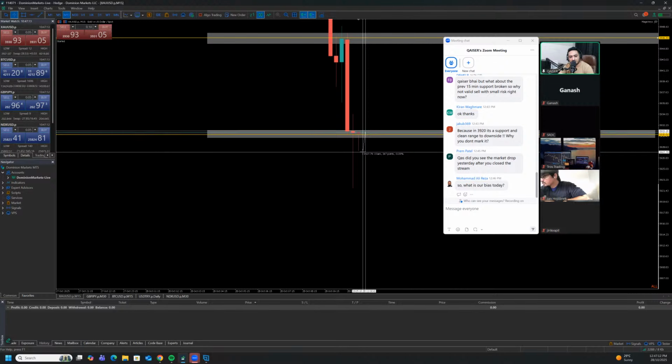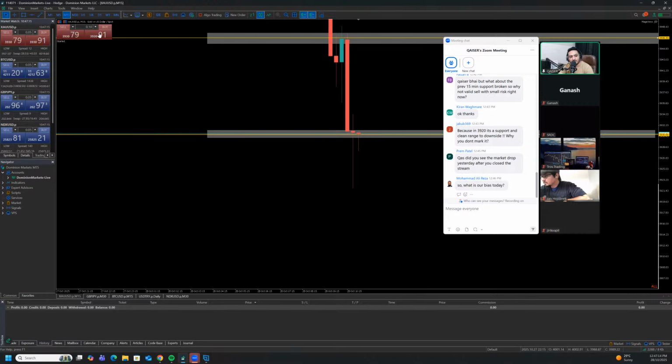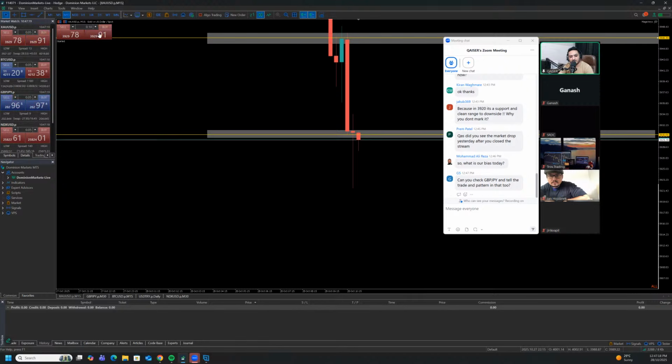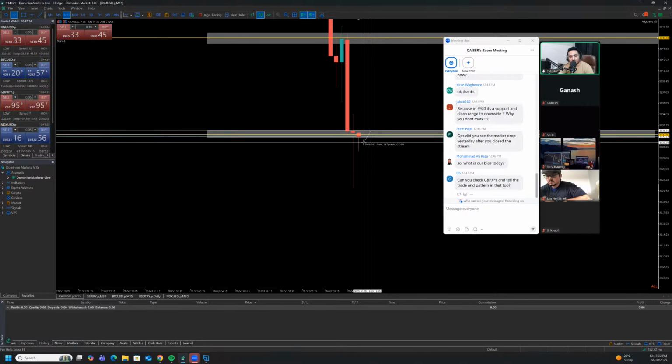This is what I'm thinking about right now, so I'm lowering the lot size. It depends on the previous candle, which rejected with a long rejection wick and closed with a small body. The previous 30 minutes do not have a bottom wick, so I can give my trade a chance with a small stop loss. That makes sense.